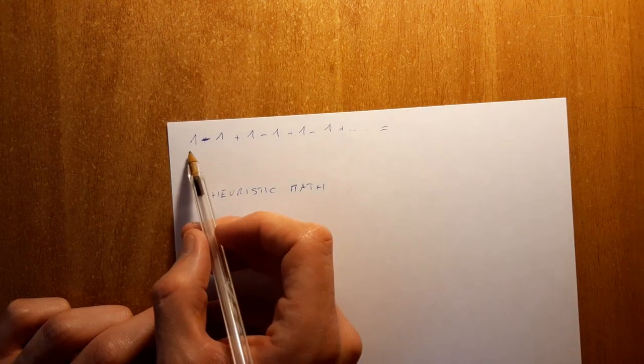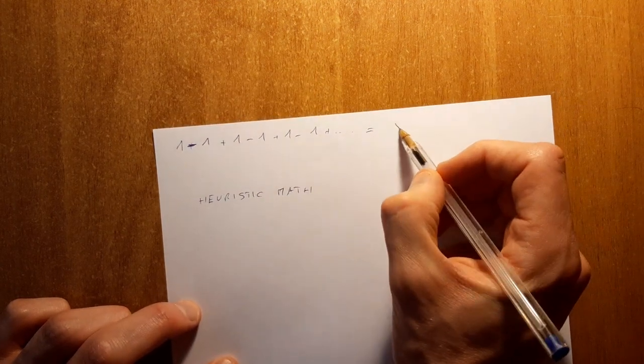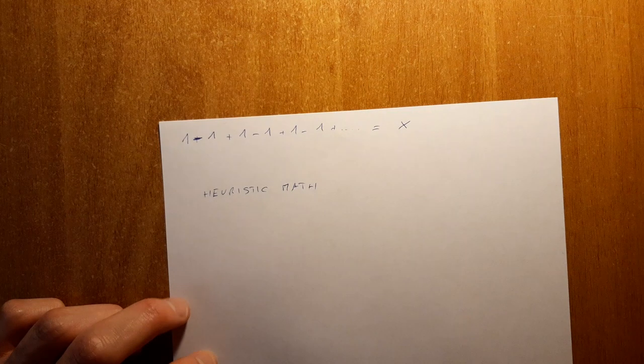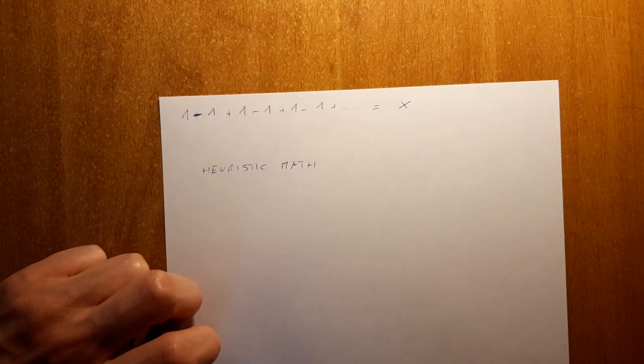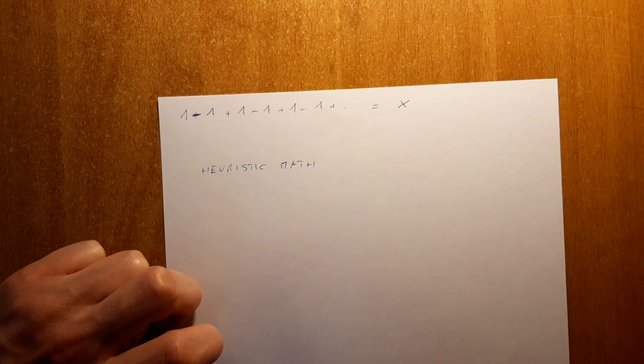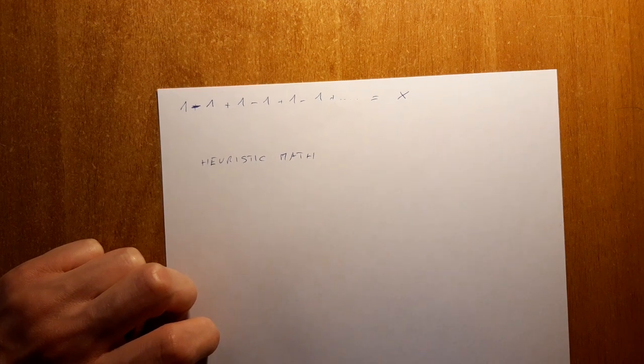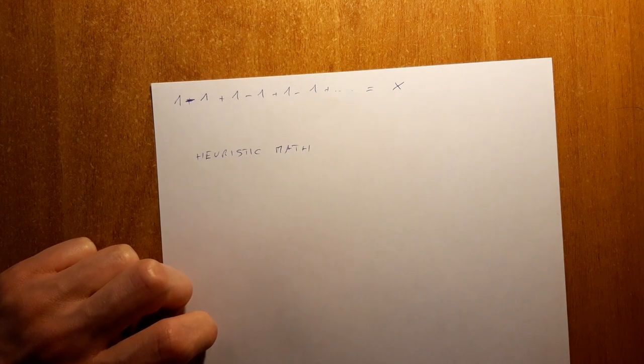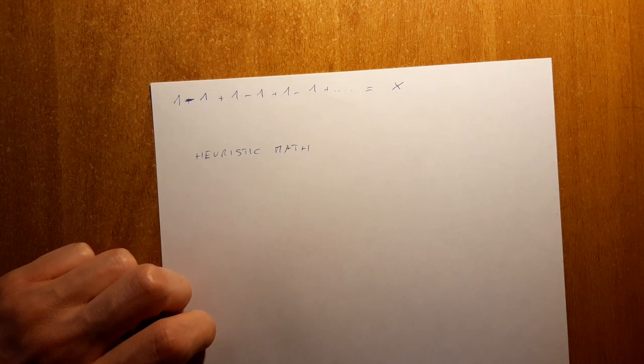Let's start by putting this equal to x. I will not use very technical terms because my native language is Italian. I know the terms in Italian, but I don't know many of them in English, so I will use many words to say just one term.